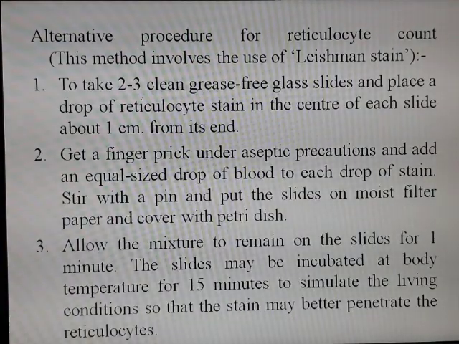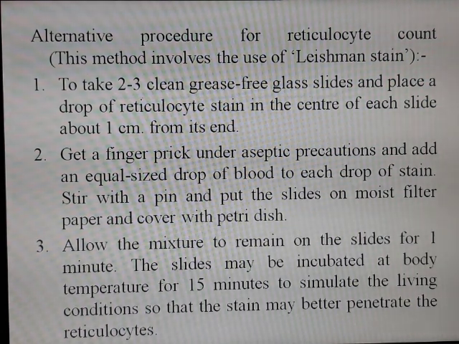So there is one alternative method also, and in this method we use Leishman stain. For those who don't know, Leishman stain is used in a practical procedure called differential leukocyte count, or simply DLC. We will take 2 to 3 clean grease-free glass slides and place a drop of reticulocyte stain in the center of each glass, about 1 centimeter from its end.